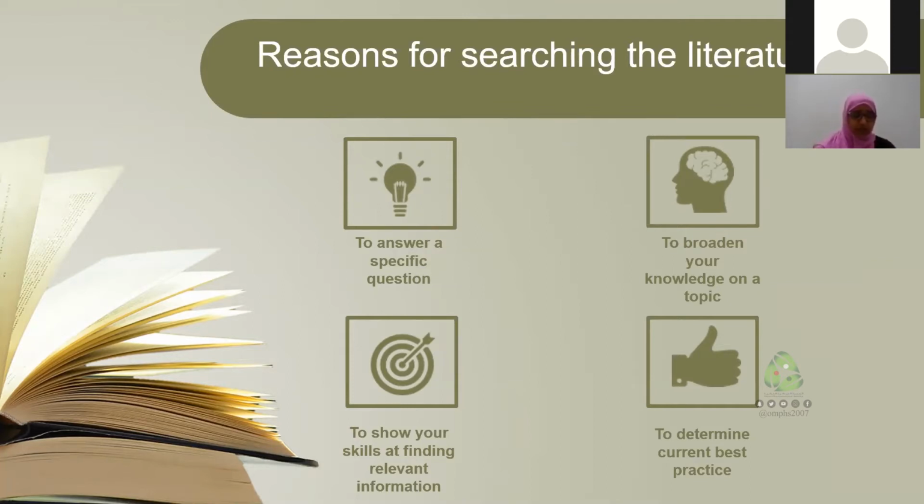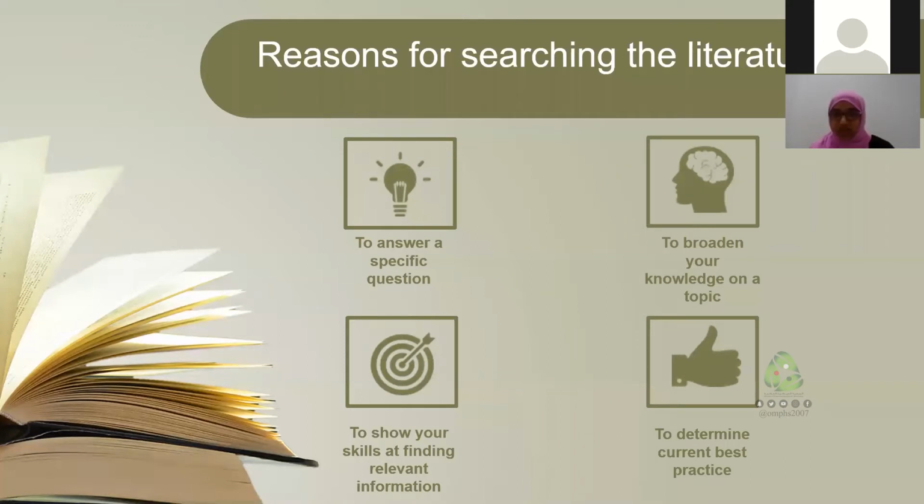And of course, you need to learn an appropriate method to do that. You need to broaden your knowledge on a specific topic. You need to show your skills at finding the most relevant information that is related to your topic. And of course, you need to determine the current best practice that's available.